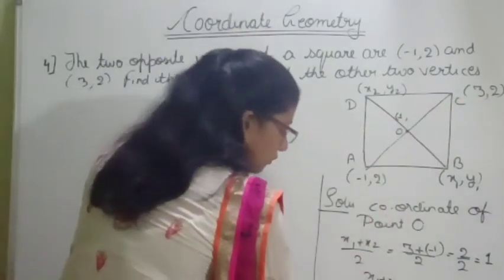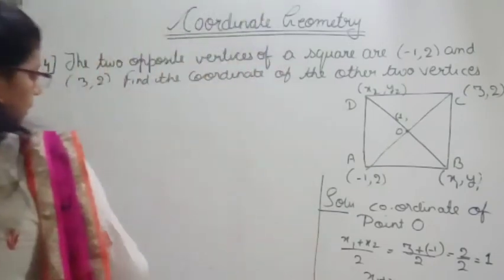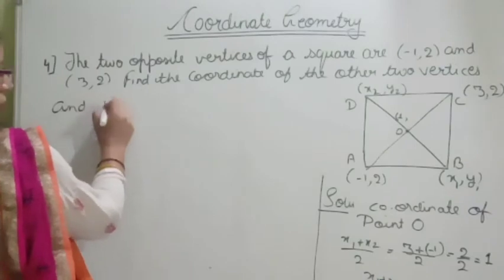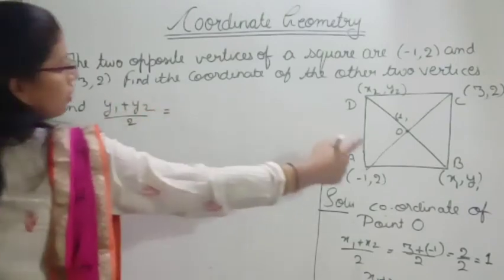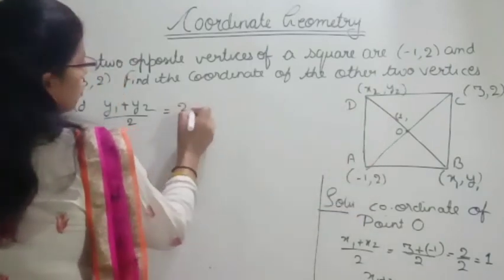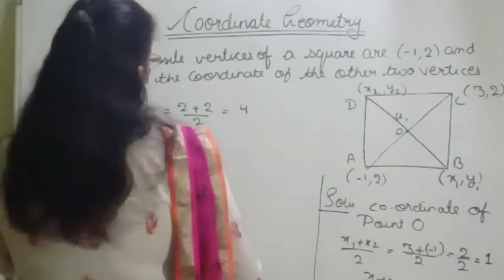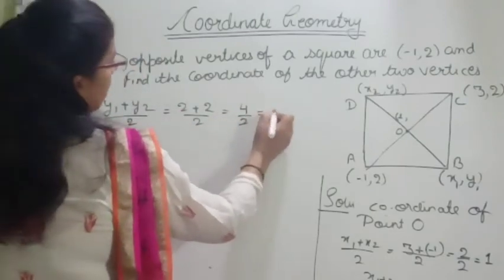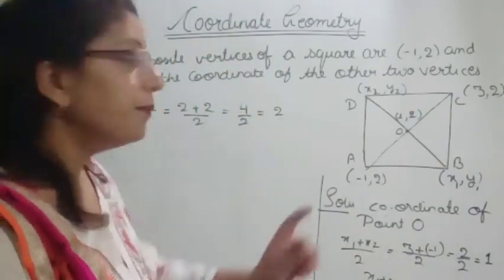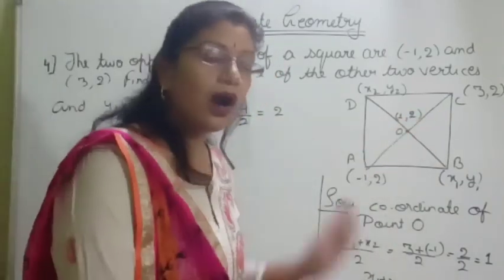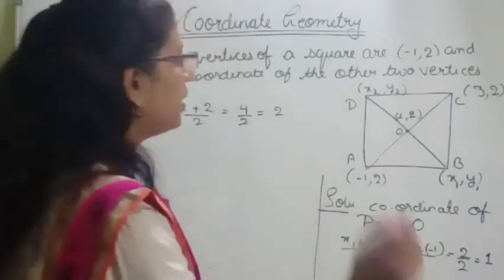That is 2 plus 2 divided by 2, which is 4 upon 2, which gives 2. So the midpoint coordinates are (1, 2). We find them by x1 plus x2 divided by 2 and y1 plus y2 divided by 2.